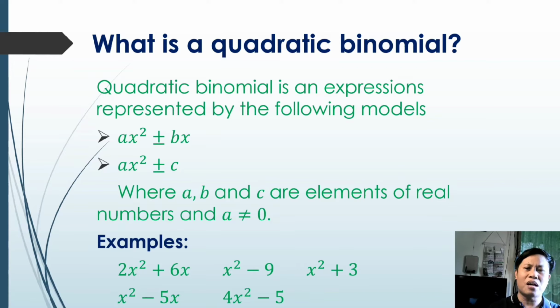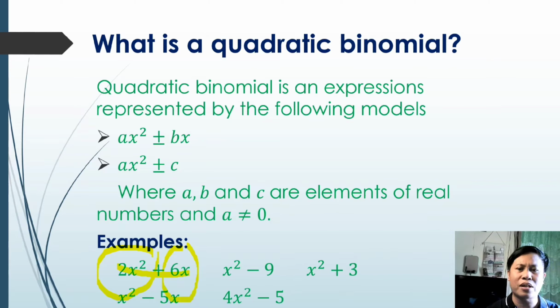Two terms are usually separated by plus or minus sign. For example, in this 2x squared plus 6x, there are two terms there, 2x squared and 6x. Usually, as I said, terms are separated by plus or minus sign.